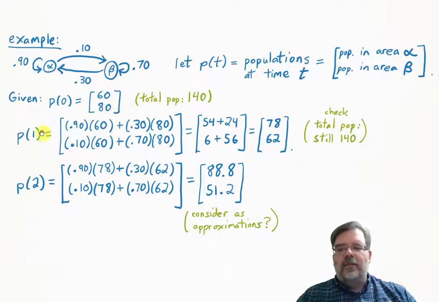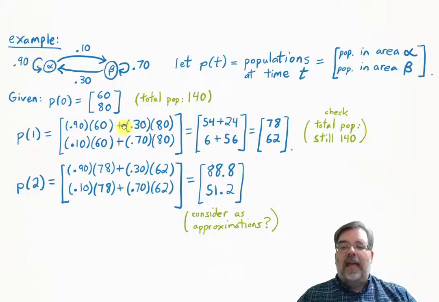Now, how can we calculate the populations in each area at time 1? Well, let's see, for area alpha, what's the new population of area alpha going to be? Well, it's going to keep 90% of that original 60, right, that stay in that population.